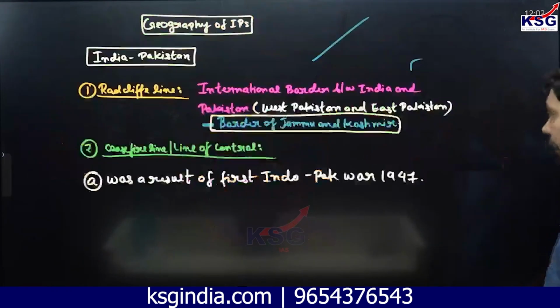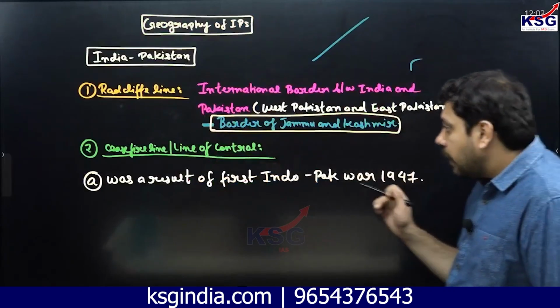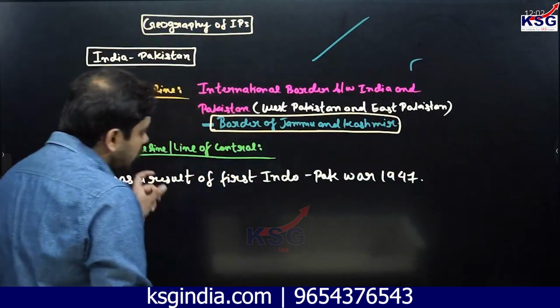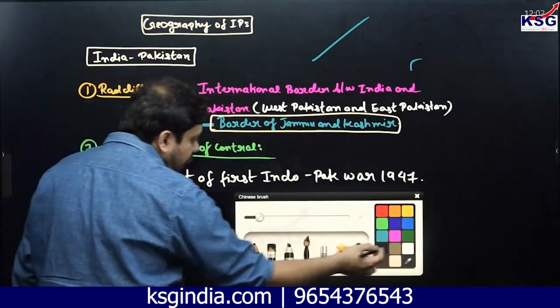Going back to this point, the ceasefire line or line of control was a result of the first Indo-Pak War of 1947.